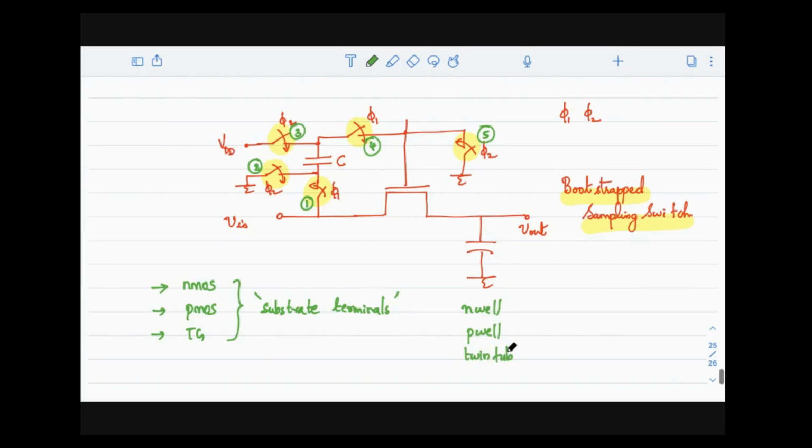Generally, in the case of NWELL based technology, let me explain it over here. In NWELL technology, we'll have a P substrate, and NMOS devices will be on this native P substrate.